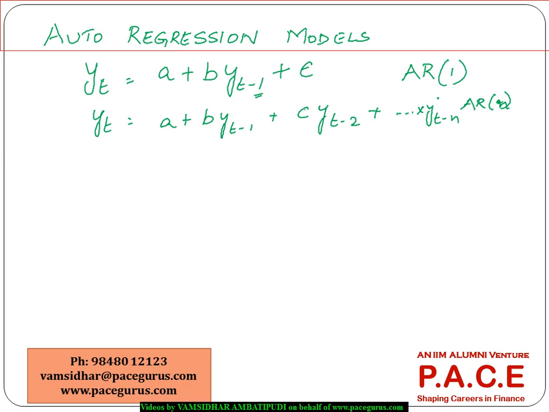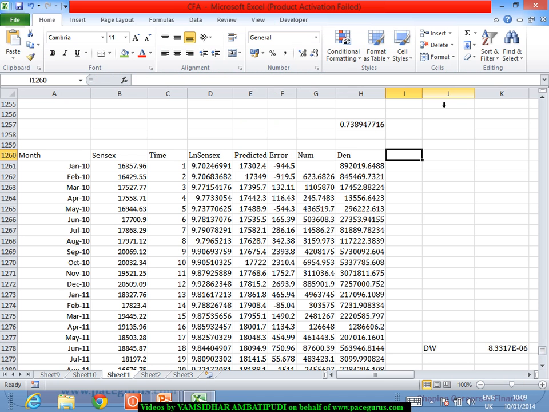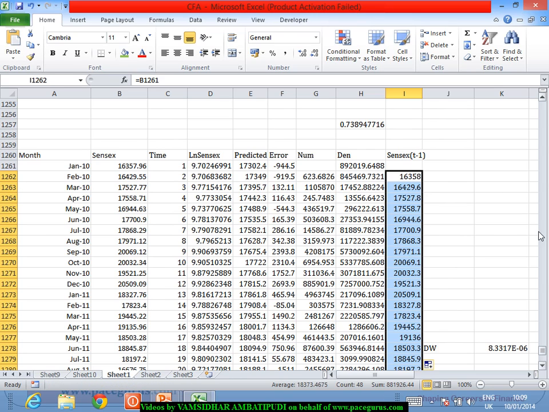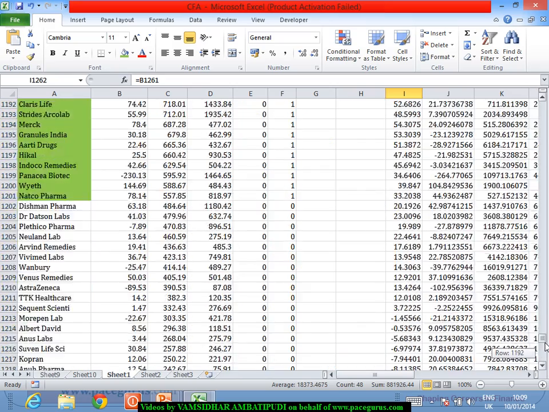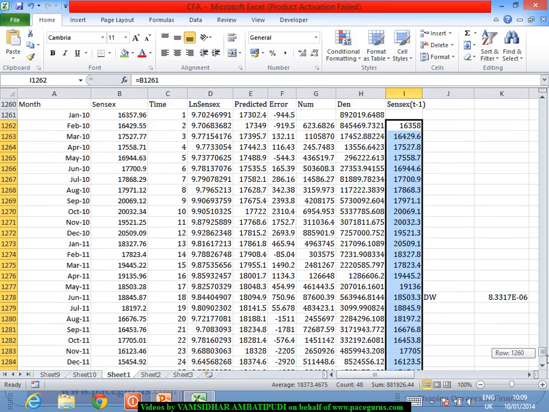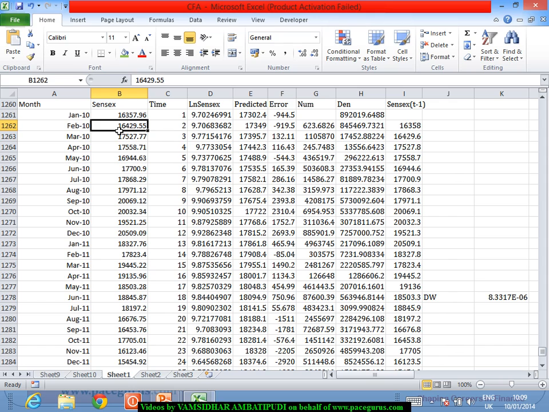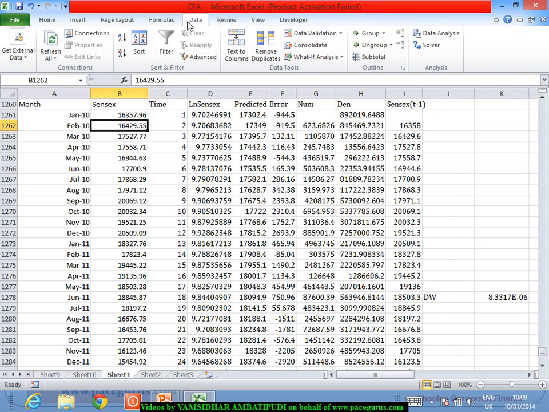And so let me take that particular data, Sensex of t minus 1. Here I will take the previous period's value. Now I can do the regression. When I am doing the regression, let me do it.